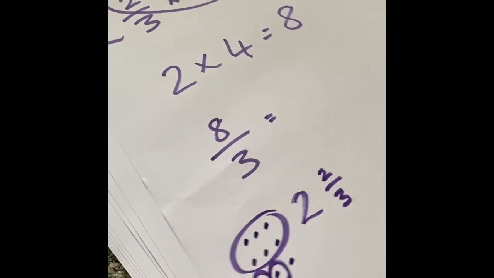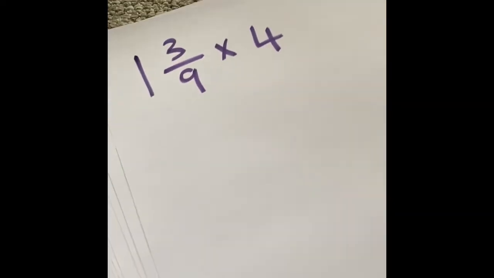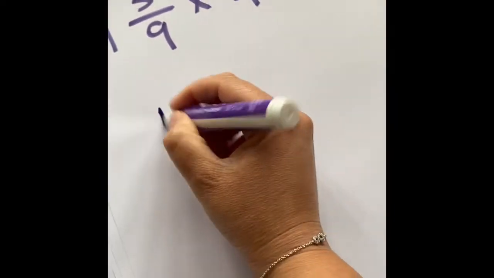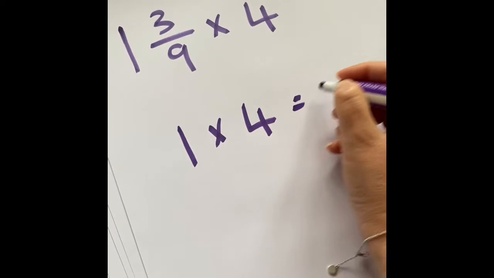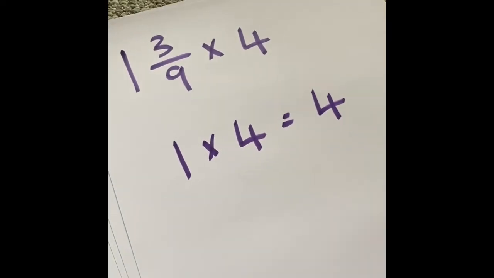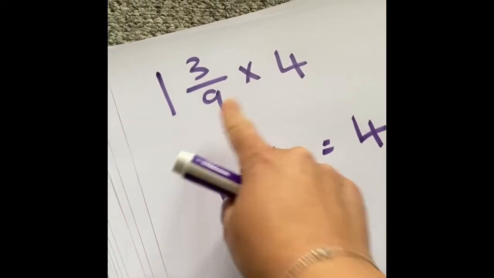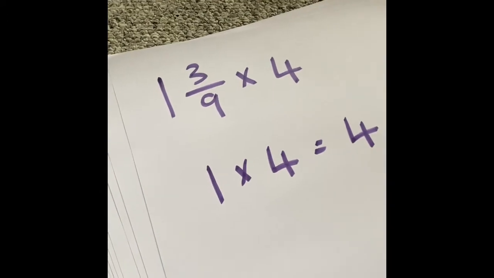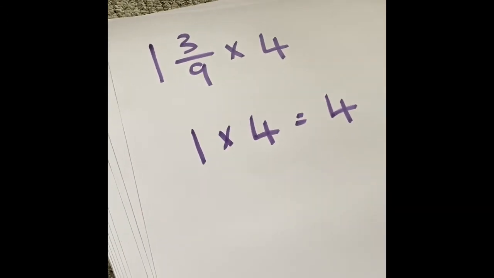Okay, let's just do one more together. This time I have 1 3/9 multiplied by 4. I'm going to do my whole numbers first, and then I'm going to think about my 3/9. I'm not going to do it with bar charts or number lines this time.